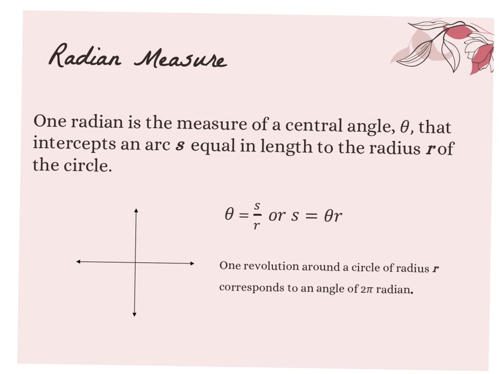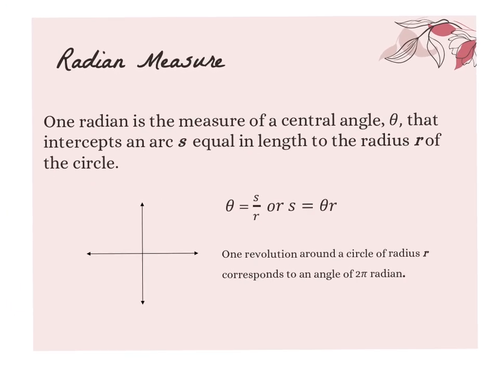So let's first define what a radian measure is. 1 radian is the measure of the central angle theta that intercepts an arc S equal in length to the radius r of the circle. And here is our formula. Theta is equal to the arc length, which is S, divided by the radius.